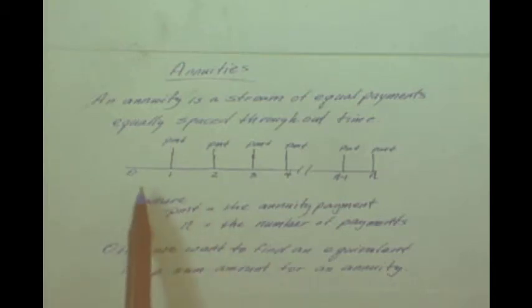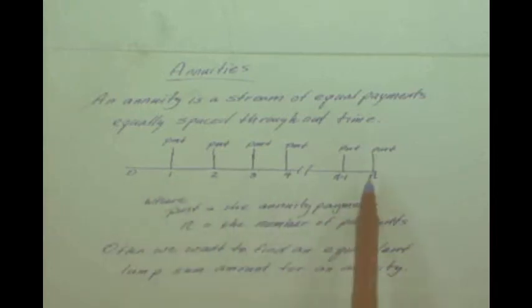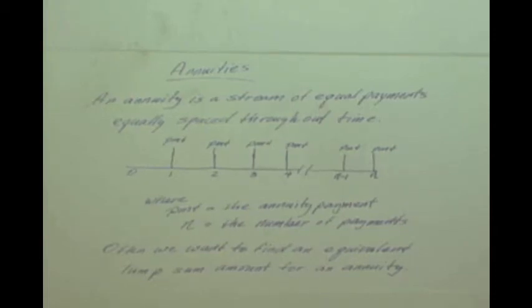And this timeline shows us an end payment annuity. The first payment comes at the end of the first period, and the annuity ends with the nth payment. These payments are equal, and we define them as PMT. N is always the number of payments in our annuity equations.